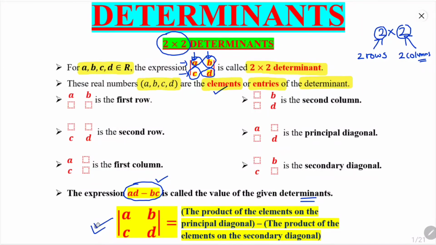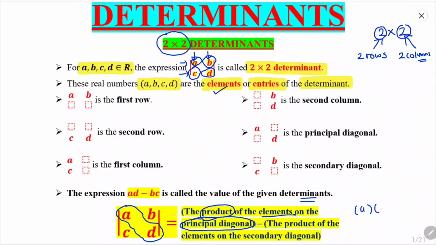But how? Let's see how to find it. So given that the product of the elements on the principal diagonal, what is the product of elements on principal diagonal? This is principal diagonal. Yes, product of these two elements means a into d, right?